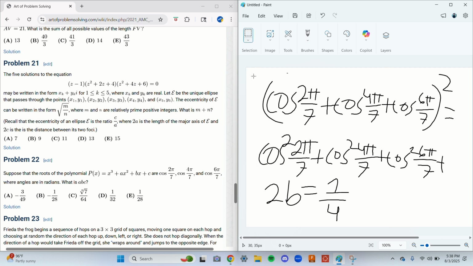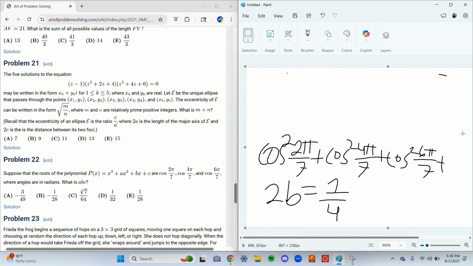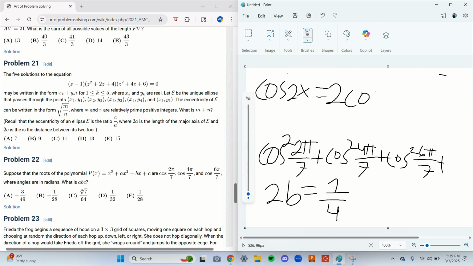Now the main problem, instead of finding that complex value for b, is finding what this sum of the squares is. So we can do another little smart trick here. We can use the double angle formula for cosine: cosine of 2x is equal to 2 cosine squared x minus 1.